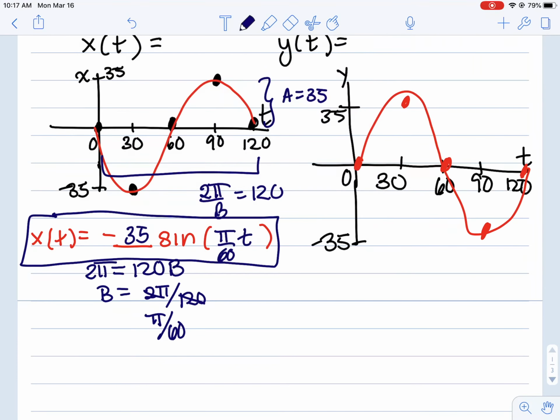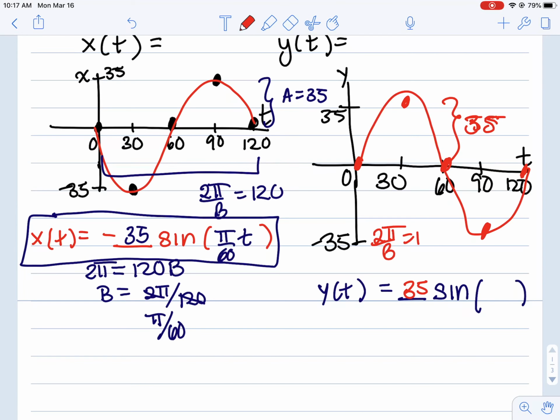So our y of t is then some sort of sine function with input t. Our amplitude is 35. That's our max. And the period, 2 pi over b, we get pi over 60. Input variable is t.